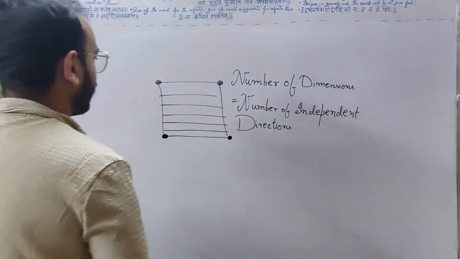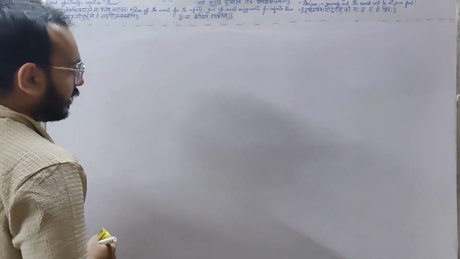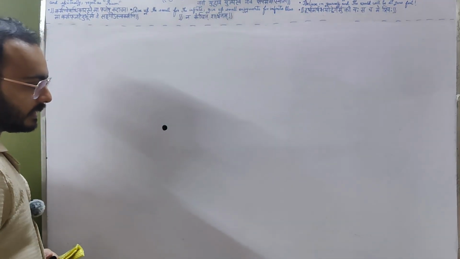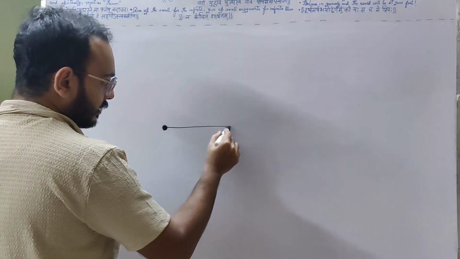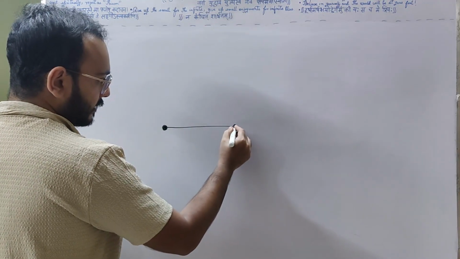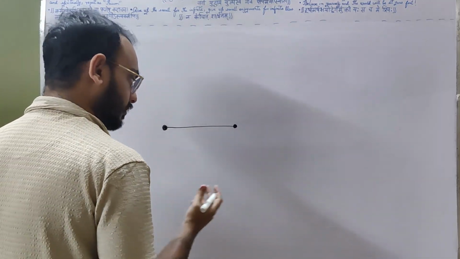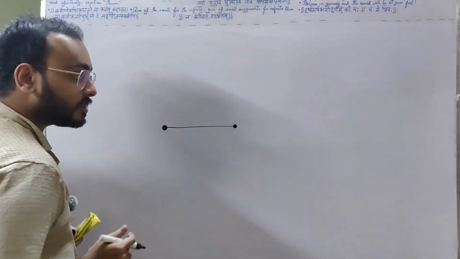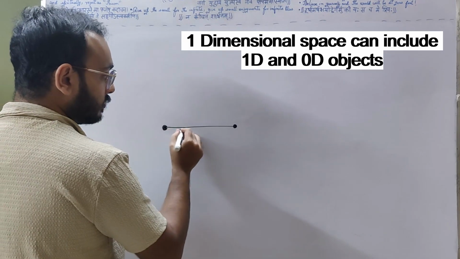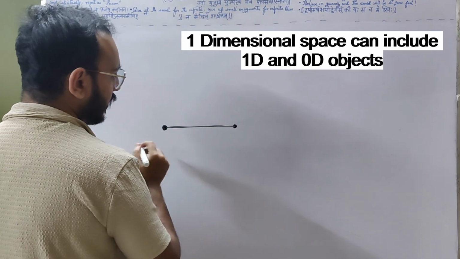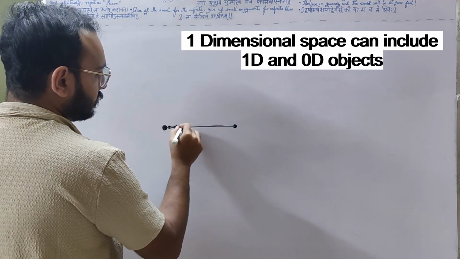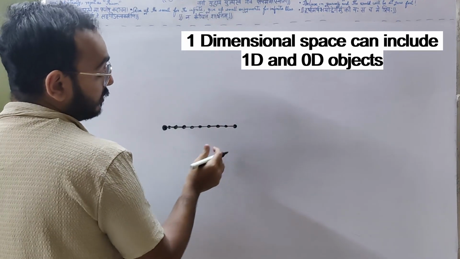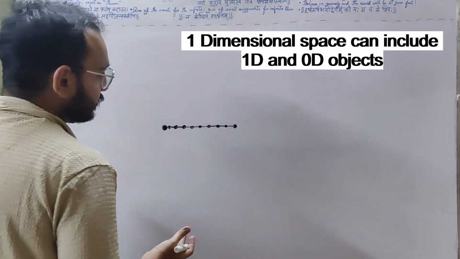Just focus. Now, again I have a zero-dimensional point. Now I move in one independent direction and I get a line. That's a one-dimensional object, right? Now I have formed a one-dimensional space, and in this space I can draw countless number of lines and countless number of points, which is of course allowed by the boundary conditions, right?